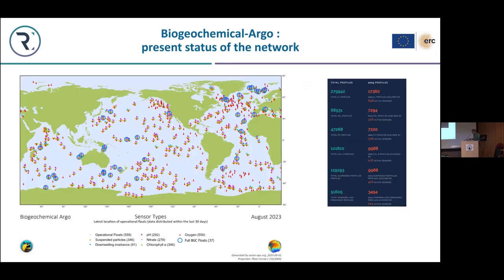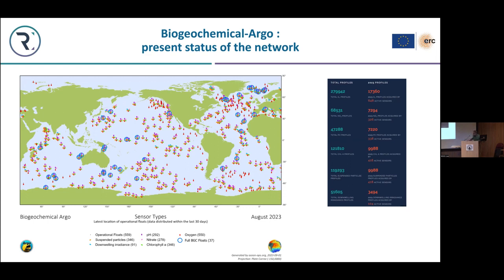So where are we? This is a map from last month. Here you have a representation of the deployment. The blue circle means that all 6 BGC variables are implemented on the array. Otherwise, you can see that sometimes we have only 5, sometimes mostly oxygen.